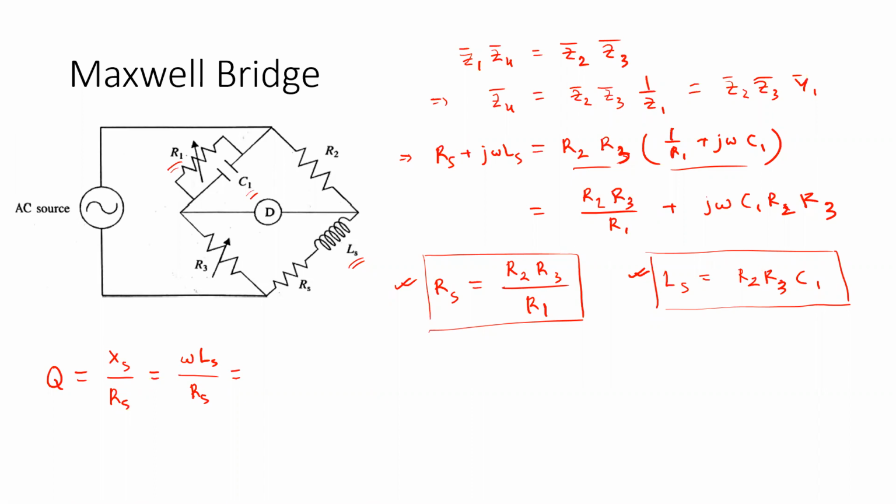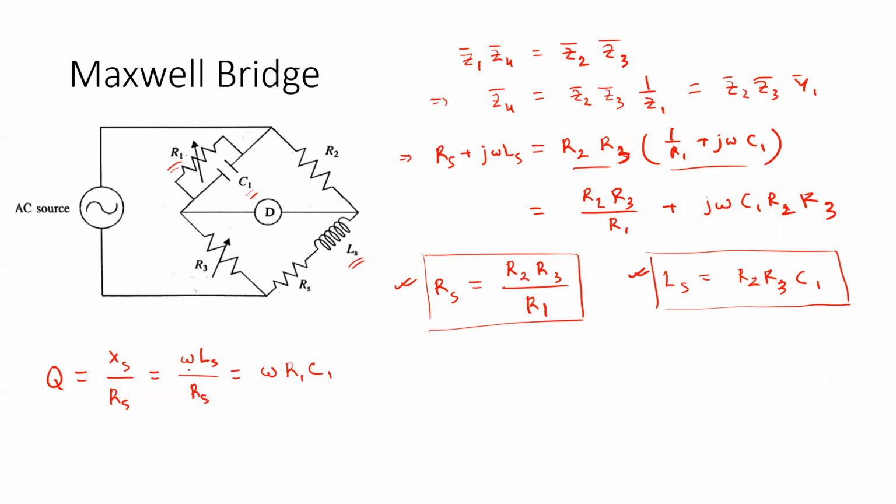So if we put these two expressions, then what we will end up with is omega R1 C1. So using the values of R1 and C1, we can determine the quality factor, and also using the measured values of RS and LS with respect to the known frequency, we can determine the value of the quality factor.